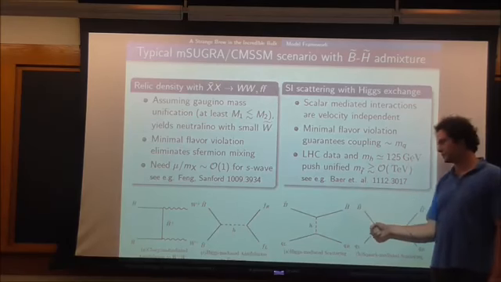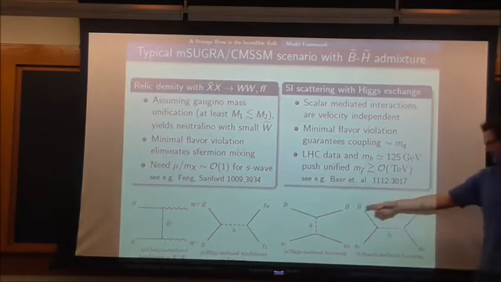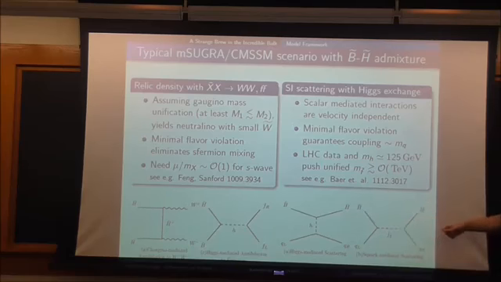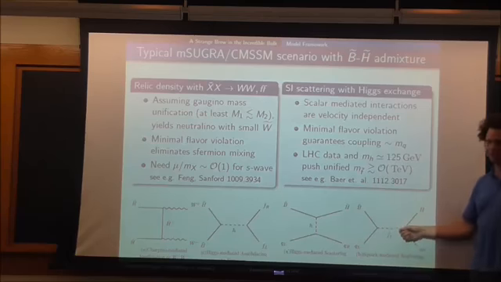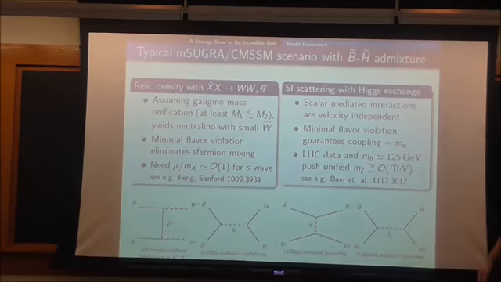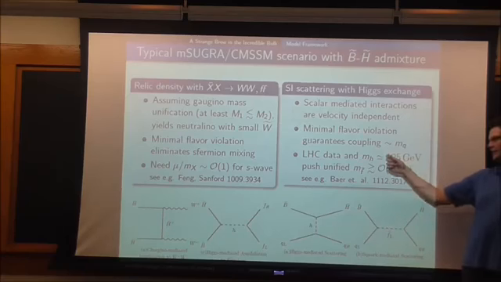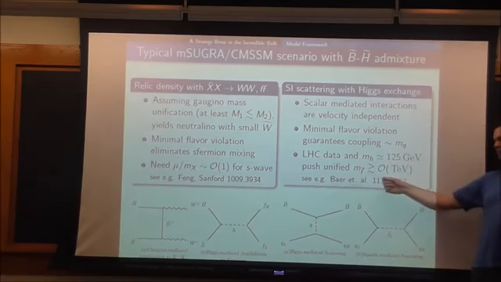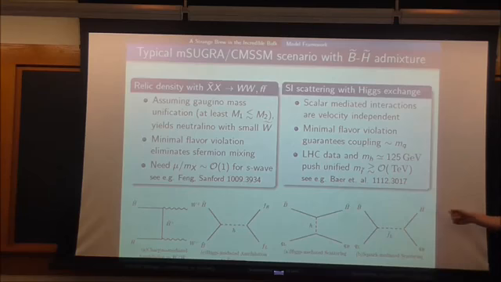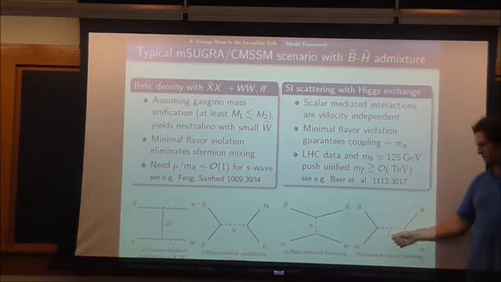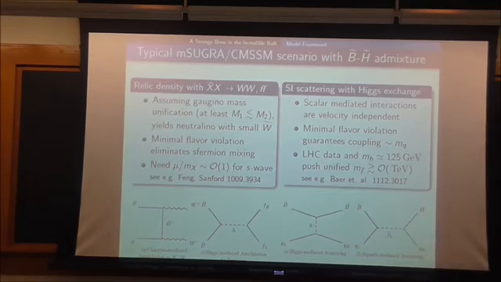If you have minimal flavor violation, you'll have diagrams like this one, with just fermion exchange. These fermion exchange diagrams are typically suppressed because of LHC data and the Higgs mass. Basically, you're pushing your fermion masses up above the TeV, so this mediator is going to suppress the contribution of those diagrams.